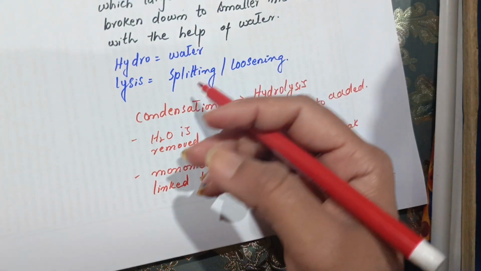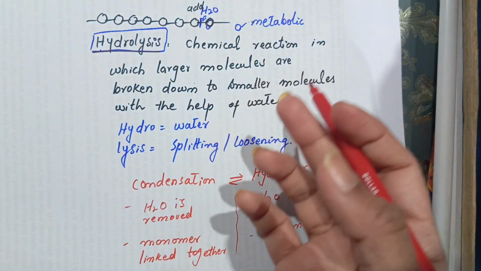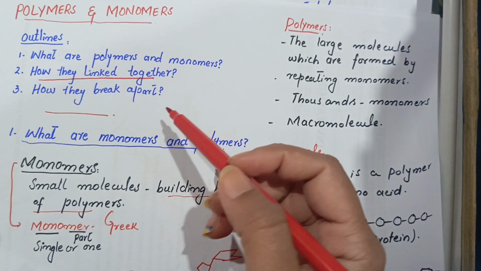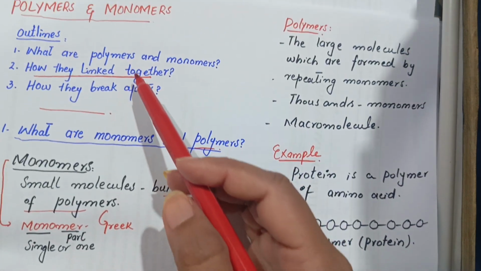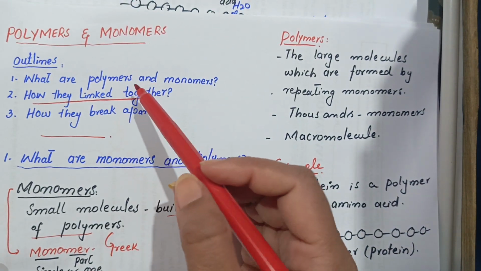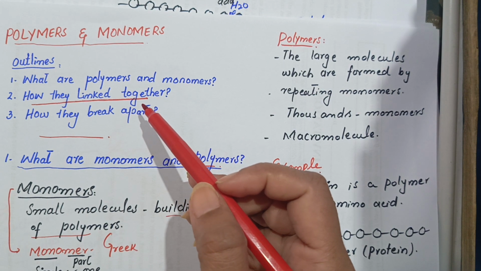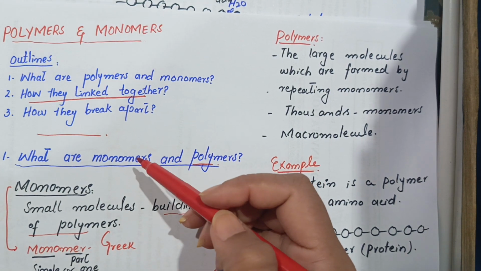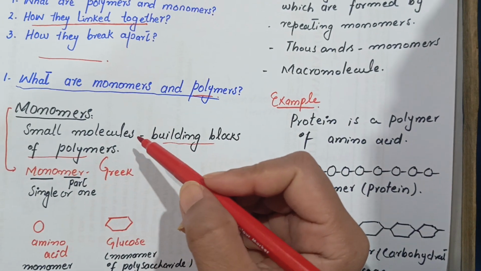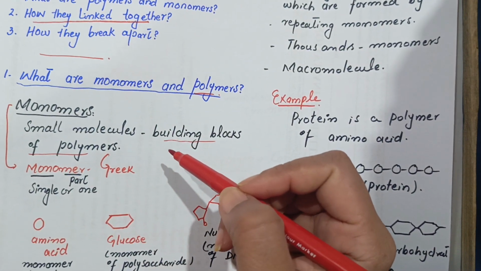Let's discuss concisely the summary of this lecture. In this lecture we have studied what polymers and monomers are. We discussed what polymers and monomers actually are, how they link together and how they break apart. Monomers are the smaller units which are the building blocks of the polymers.